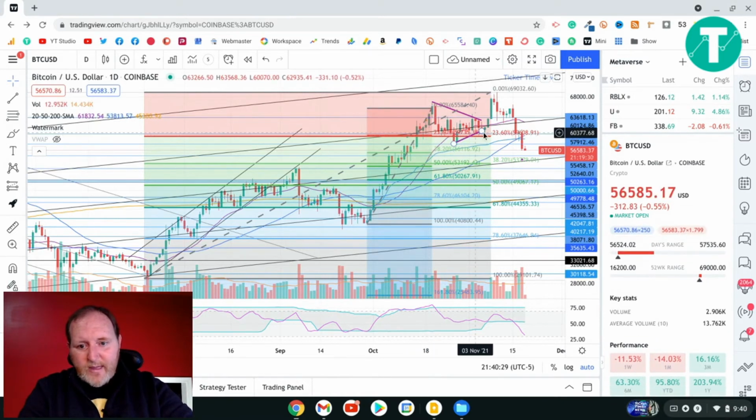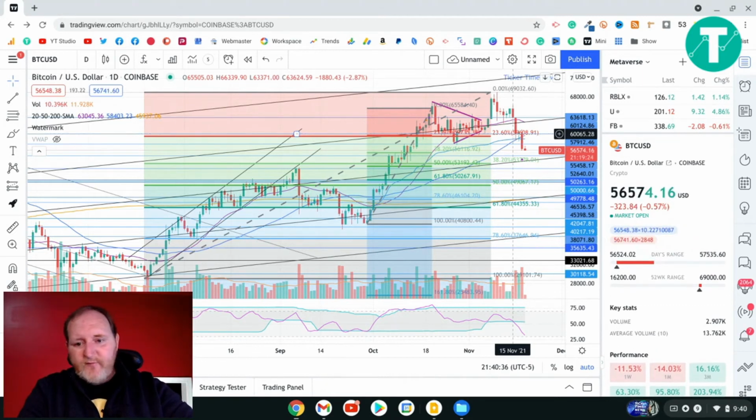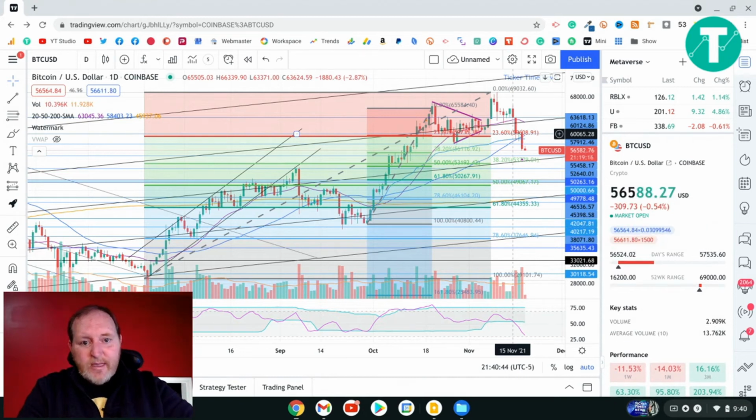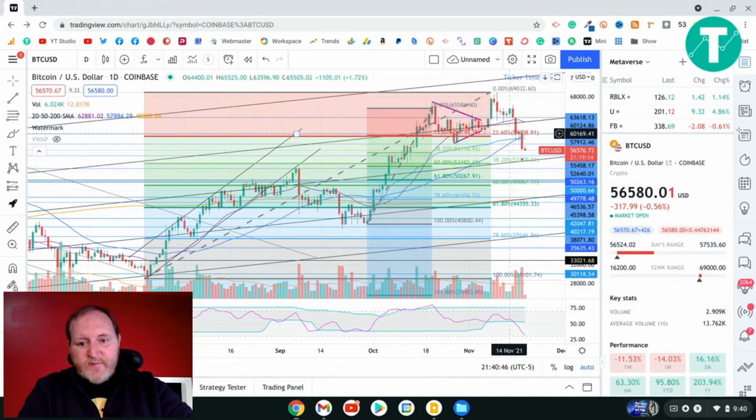Because for a couple of days, Bitcoin was bouncing around between 60,100, 59,800, 60,200, 59,700. It kept bouncing around there. This was a very, very strong support line. Now, since it's fallen below that, we need to find where Bitcoin is going next.